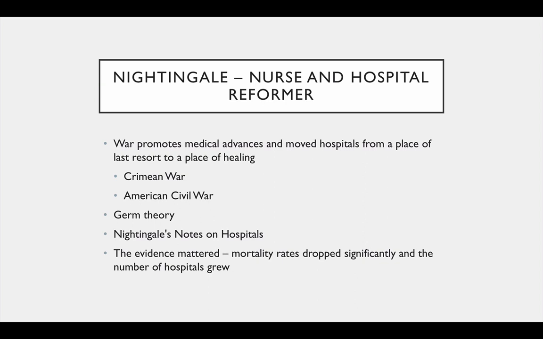The two big wars at the time were the Crimean War and, of course, the American Civil War. And right now when we have a war, we count the number of people that we lose. As a country, we get really upset over 4,000 deaths. We think that that's huge and unacceptable. And we look at the number of people that died in Vietnam now and we think, how did that happen?